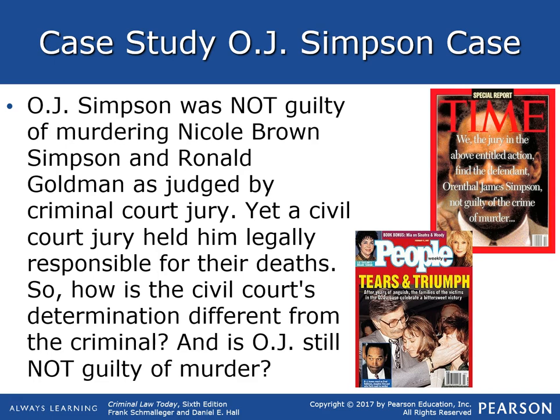So the question I want you to think about for a couple of minutes, or I'll come back to, is how is the civil court's determination different from criminal? How can that happen? And is OJ still not guilty of murder, even though he was found legally responsible for their death? So just chew on that for a few minutes, and I'll either come back to it or we'll hit it at the end of the lecture.